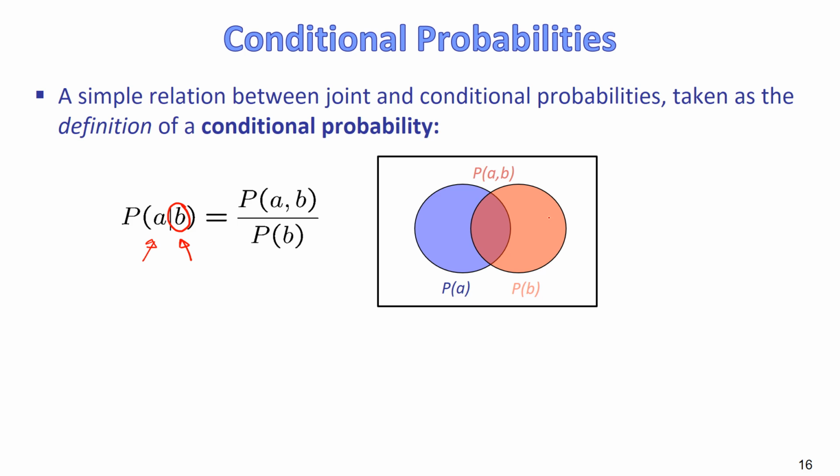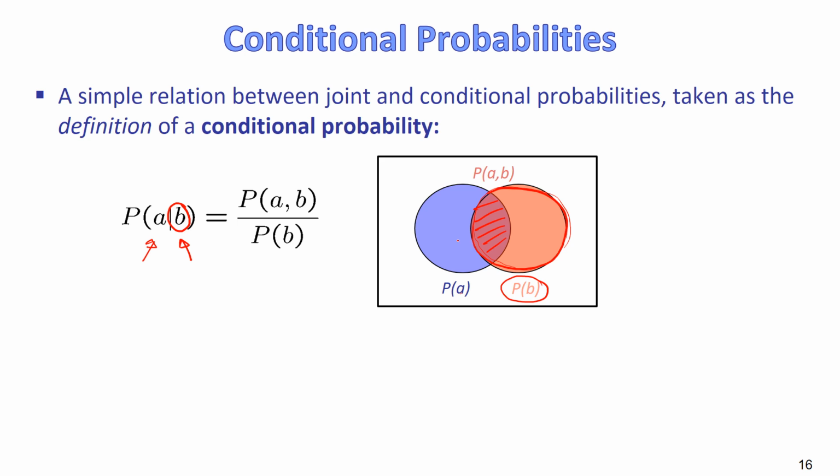Using Venn diagrams, if the red area here is the probability of B, and the blue area here is the probability of A, then the probability of A given B is the area out of the probability of B in which A also happens. So that area, the percentage of the area of B in which A also happens.